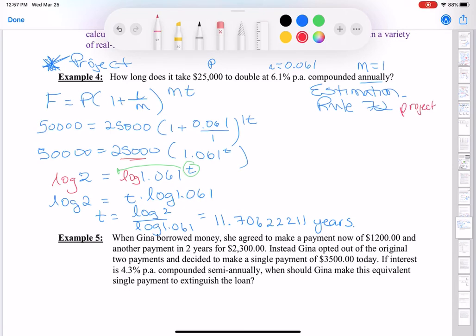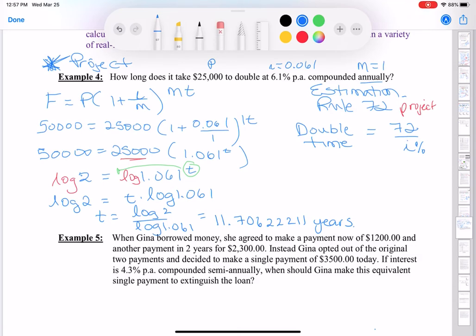You are going to investigate this rule of 72, and you're going to see why this rule of 72 works in the project. Okay, what does this rule of 72 say? Well, it says that the time it takes to double, so the double time, is equal to 72 divided by your interest rate as a percent.